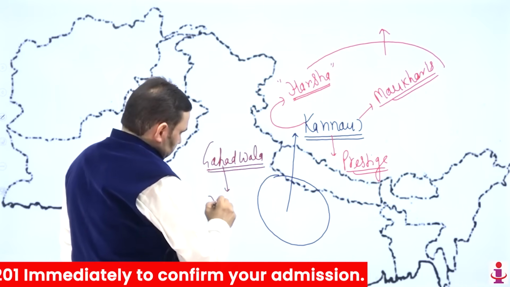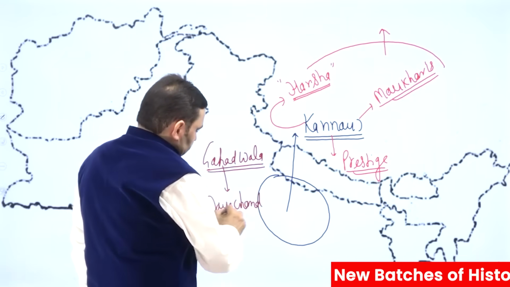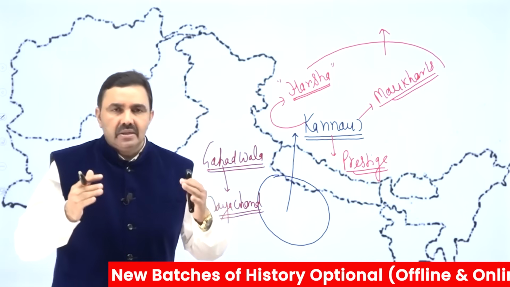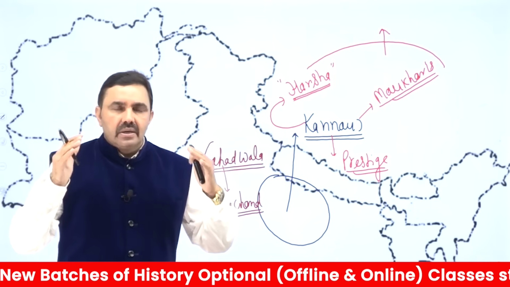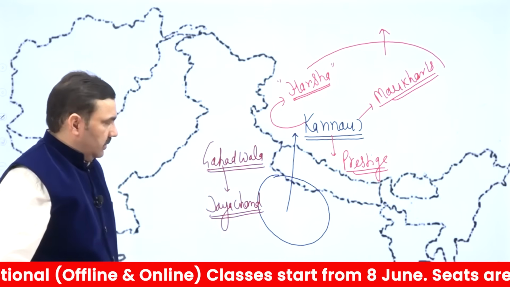Jaichand of Gahadwala, I told you, supported enemies, and that's why Jaichand's name is often used to mean a traitor. He supported Turkish invaders against Prithviraj Chauhan.